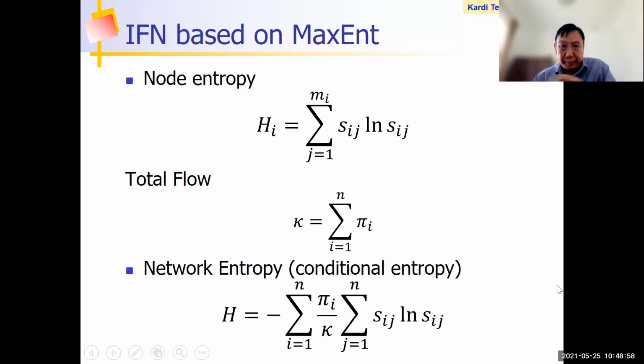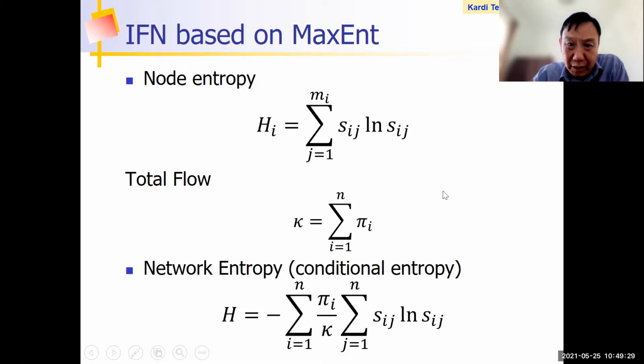To define it, you have what is called node entropy. For each node i, you calculate the entropy, and you know the total flow. Then the network entropy is defined as the average of the node entropy.